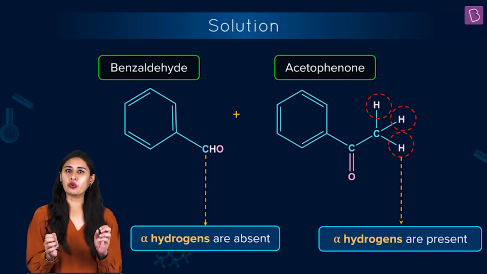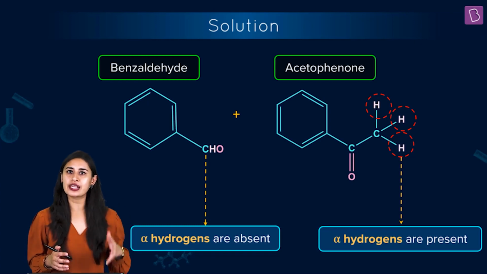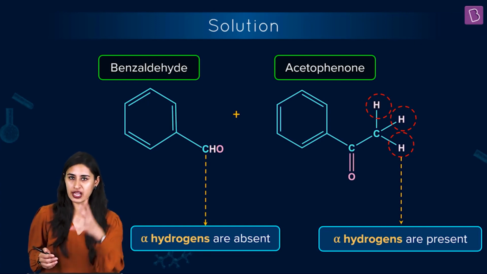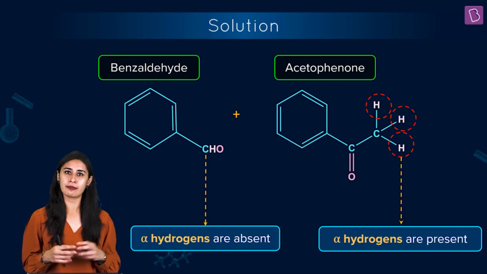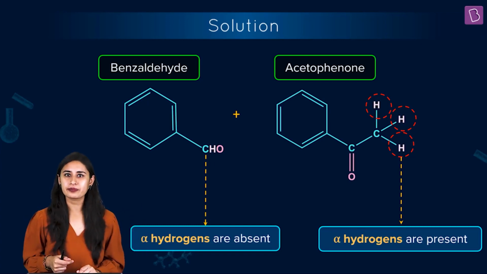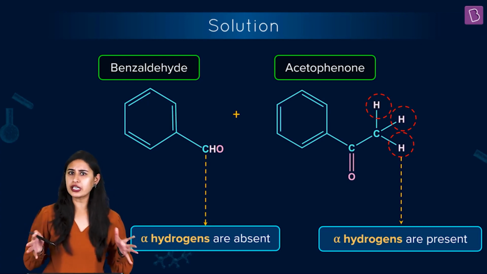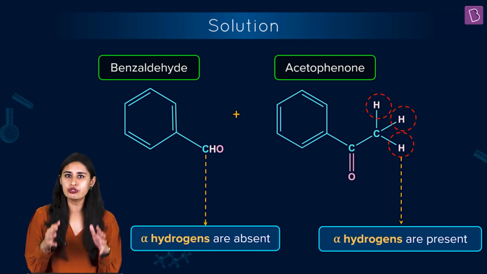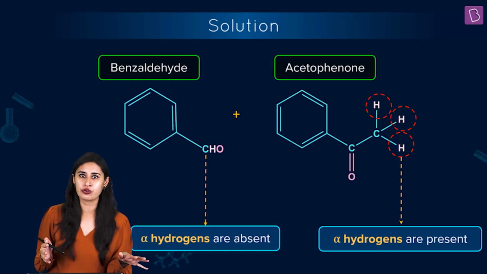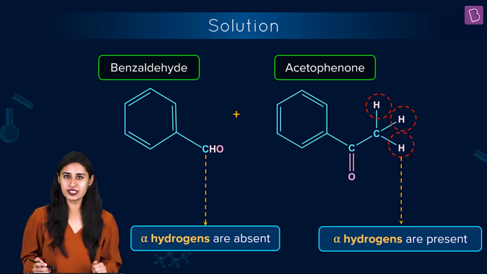And if we know these individual name reactions, what is specific to them, what is the stepping stone in terms of the alpha hydrogen for them, we will be able to nail this kind of question in seconds. It was a seconds question. You do not need the mechanism for it. You do not need any different understanding. All that you need to know is, if there is a carbonyl compound with no alpha hydrogen and a carbonyl compound with alpha hydrogen, what is the possibility?